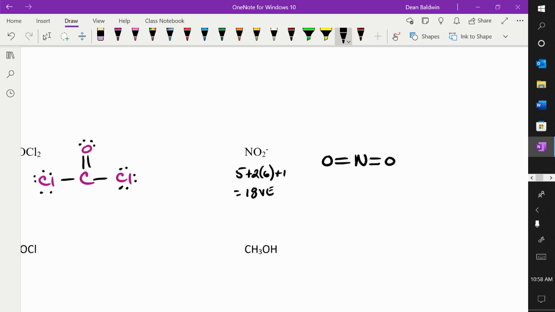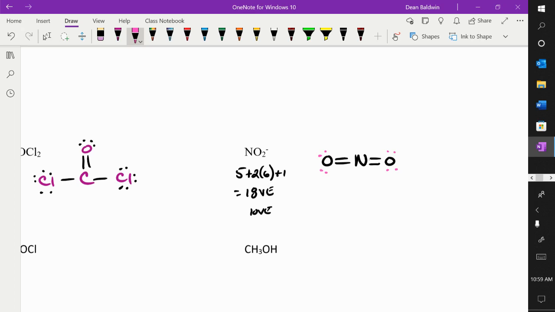How many electrons have we accounted for so far? There's 8 there, right? So that would leave us 10 left over. How do I distribute those 10? Well, oxygen is going to want 8, right? Yes? So I still have 2 more to give.